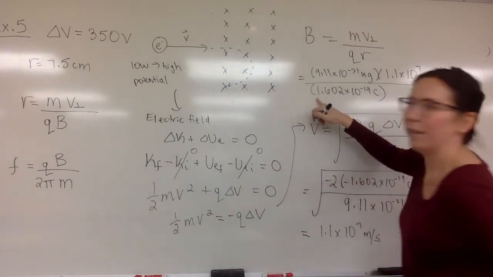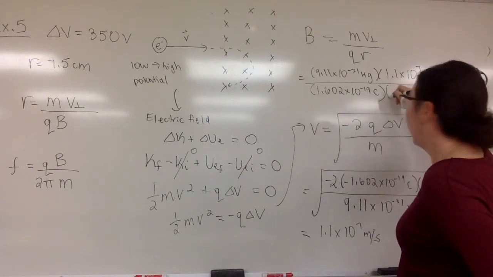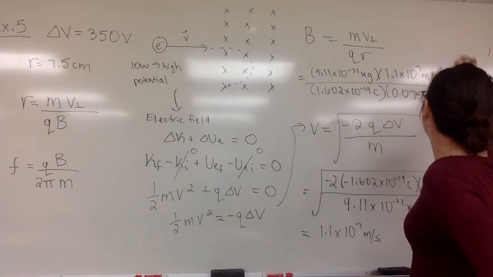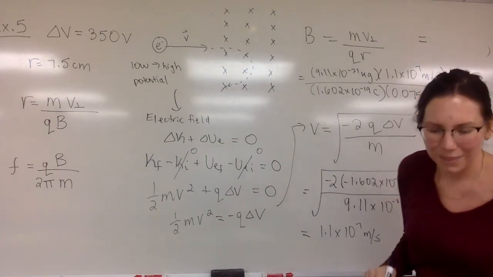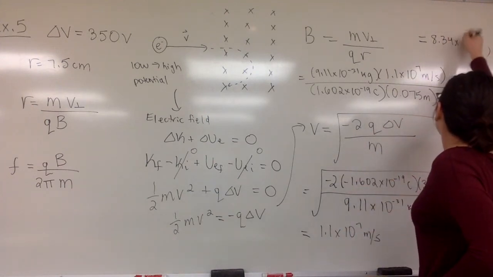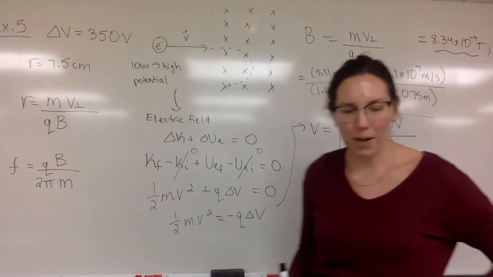I'm not putting the sign in for q here since I'm getting the magnetic field strength only. And then r, 0.075 meters. That gives me a magnetic field strength of 8.34 times 10 to the negative 4 Tesla as our answer for that part.